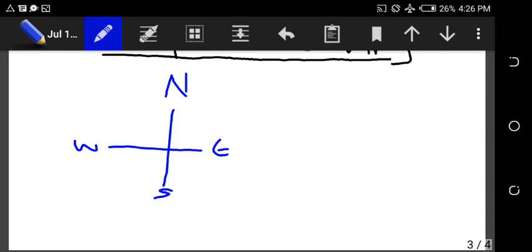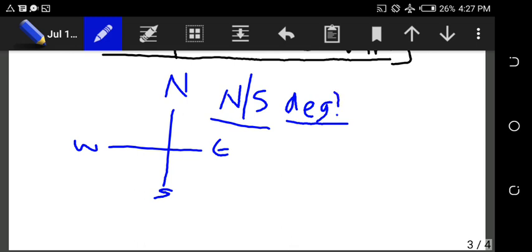It will always have the reference, either north or south. Then the next is how many degrees away from the north or the south, and the third one is towards which direction. Is it towards the west or towards the east?